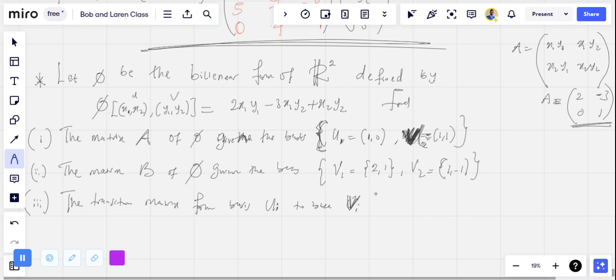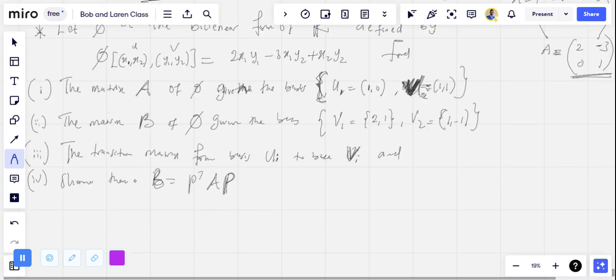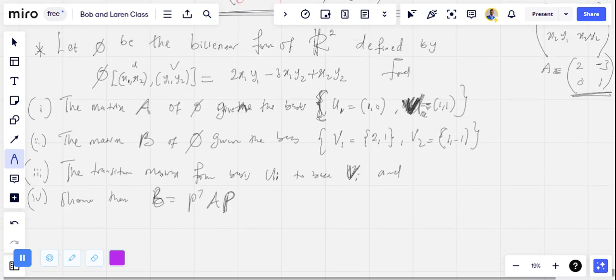And the fourth question says show that B equals P transpose A P. Remember this formula? I think we've used something like that before. So now let's try to find a way around this.